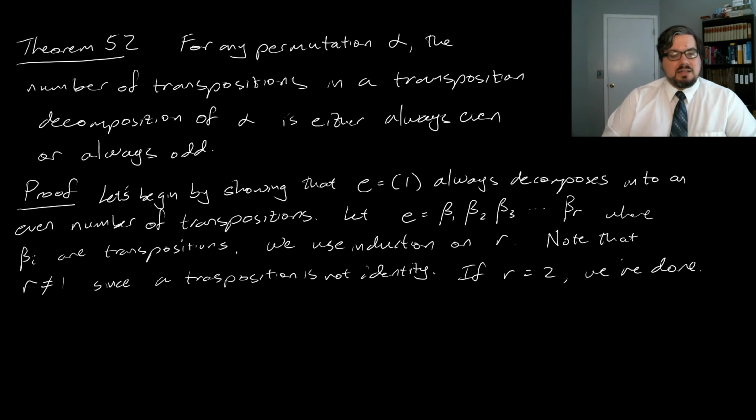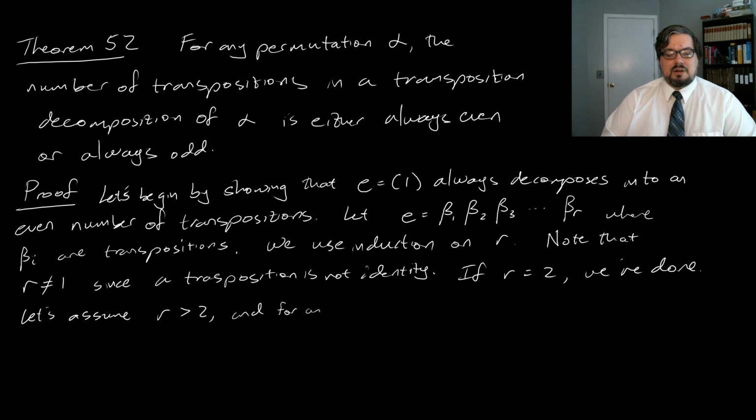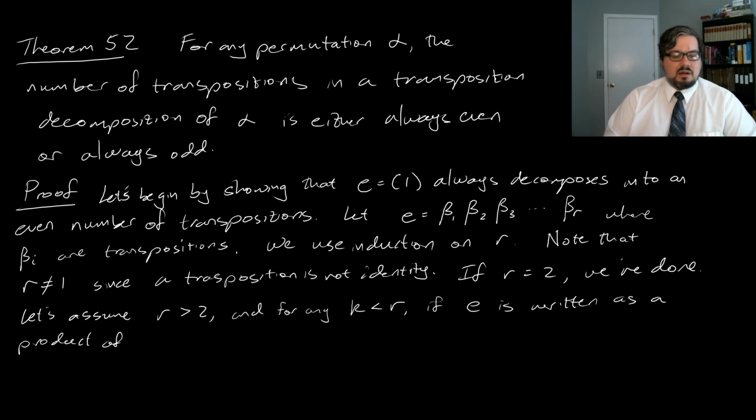So now let's assume that r is greater than 2, and we'll suppose that for any k less than r, if the identity is written as a product of k transpositions, then k is even.